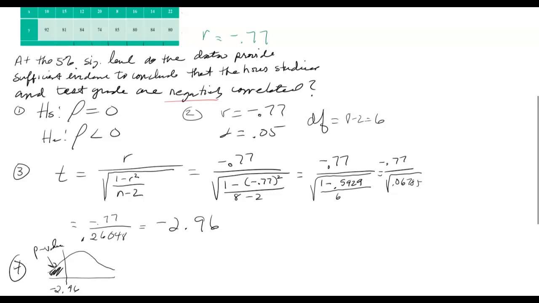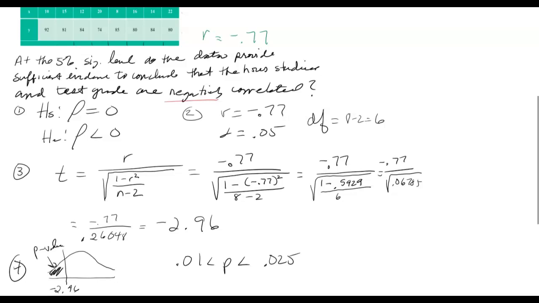And for me, I am finding that it falls between 2.447 and 3.143, which makes it between the areas 0.01 and 0.025. That is where my p-value is going to fall. It is one-tailed. We do not need to double that.